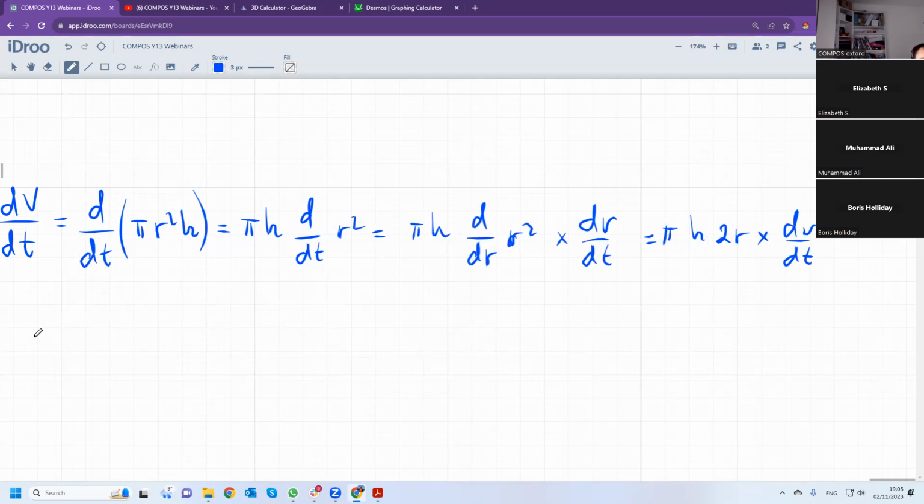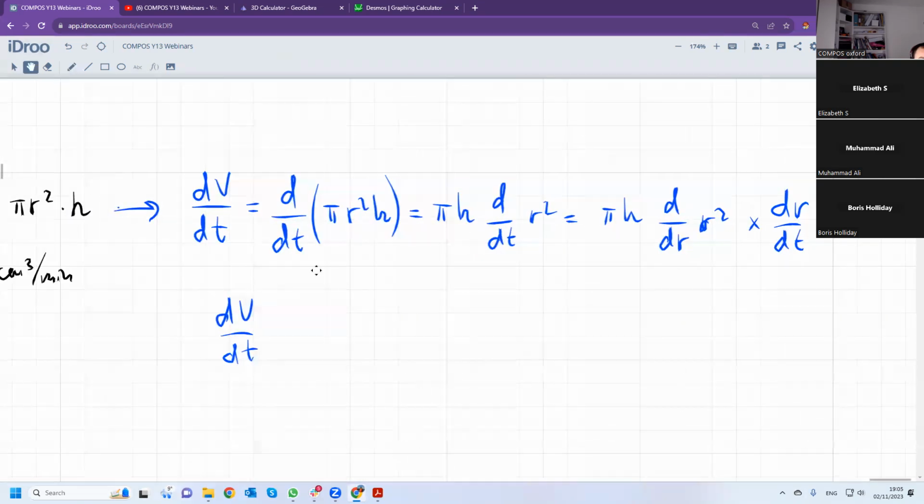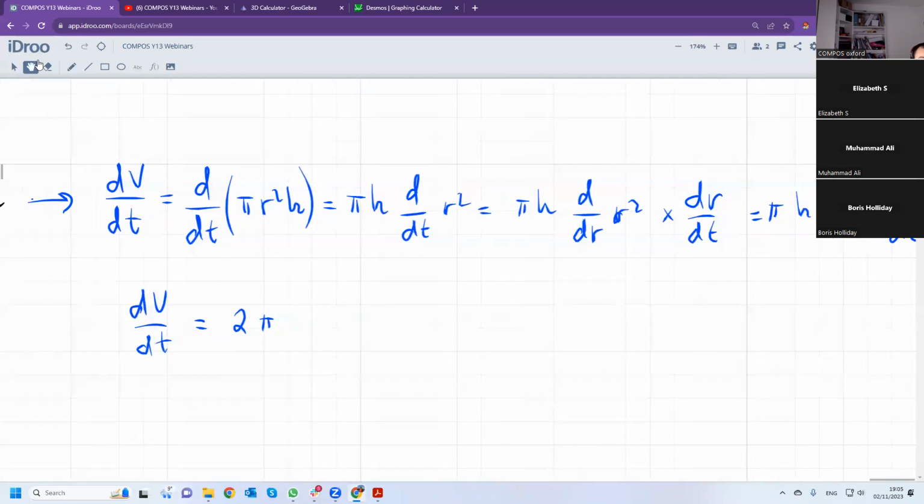So in other words, the rate of change of volume is equal to 2 pi r h multiplied by dr/dt.